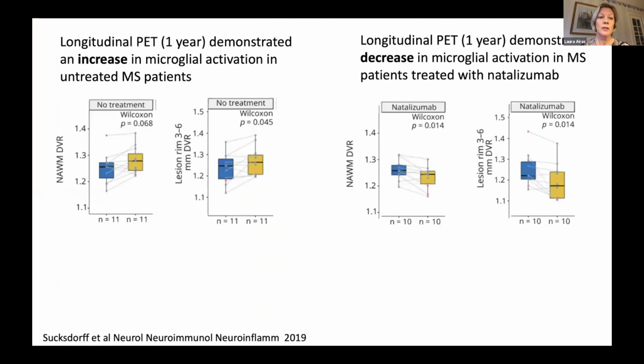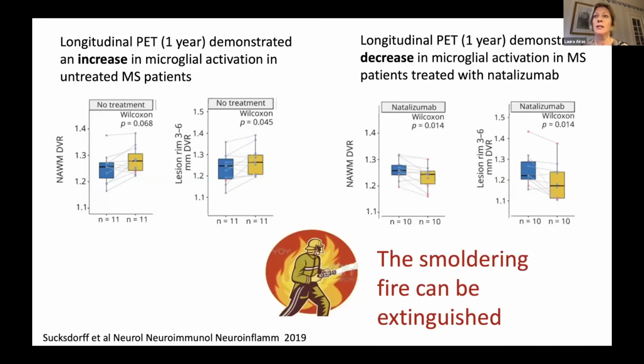So we have done some longitudinal PET imaging and shown that in untreated patients, microglial activation increases over 1 year of follow-up, here shown both in the normal appearing white matter and around the lesions. But if the patients were treated with natalizumab, there was actually a decrease in PET measurable microglial activation. So in other words, with this, we sort of indicate that the smoldering fire can be extinguished.